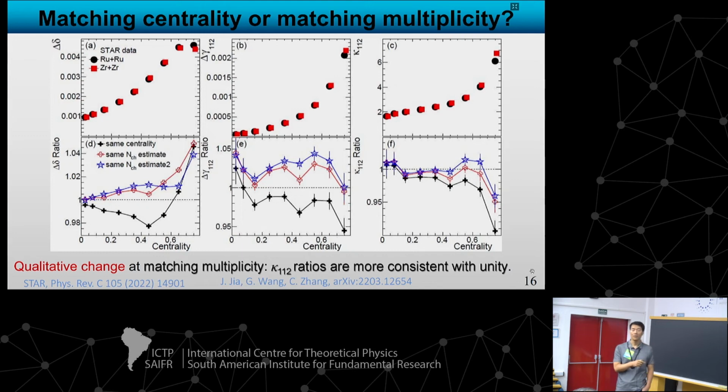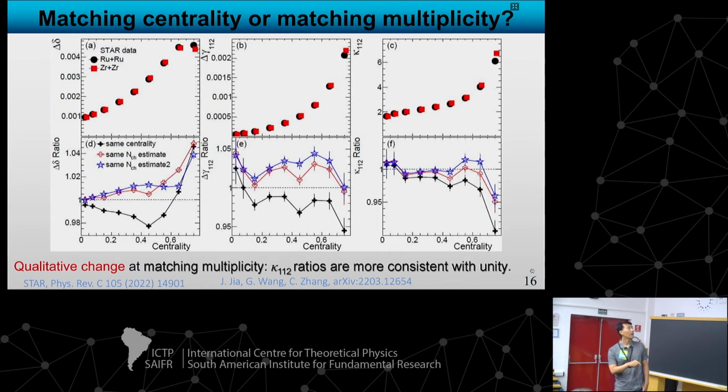So what we can try, this is after the blinding analysis, based on a few author paper. We take the STAR data, delta delta, delta gamma, and kappa, and we switch from the centrality definition to matching multiplicity. When we do that, you can see for delta delta, initially it's below 1, and now when you match multiplicity, it's above 1.